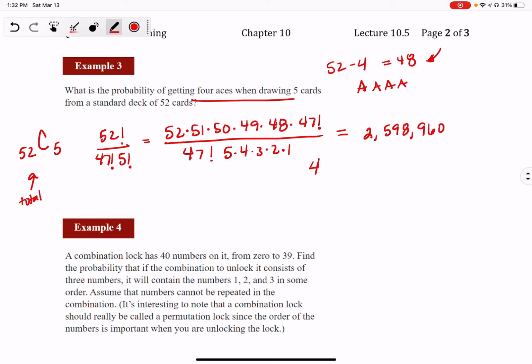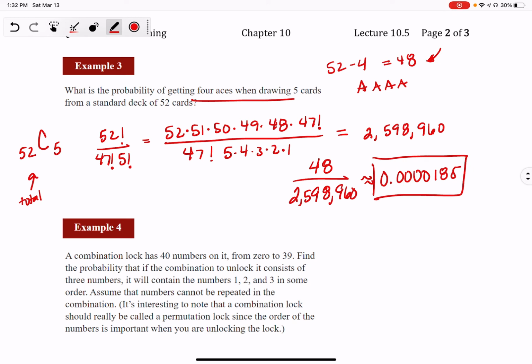So our probability will be 48 out of that 2,598,960, which comes out to about, look how tiny this number is, 0.0000185 as our probability.